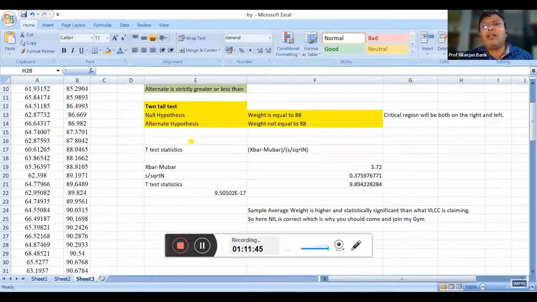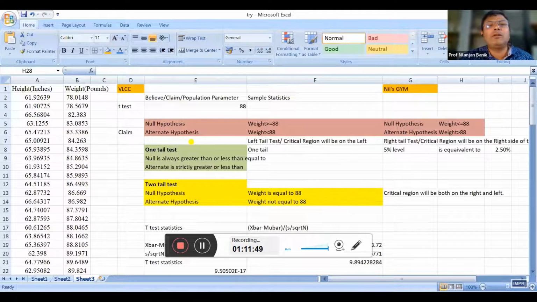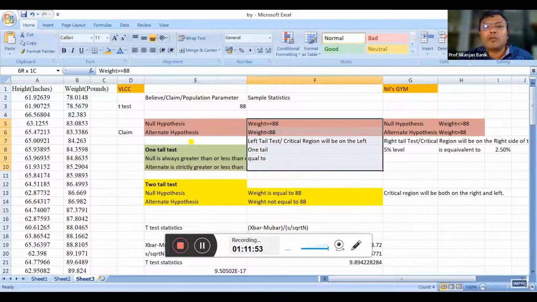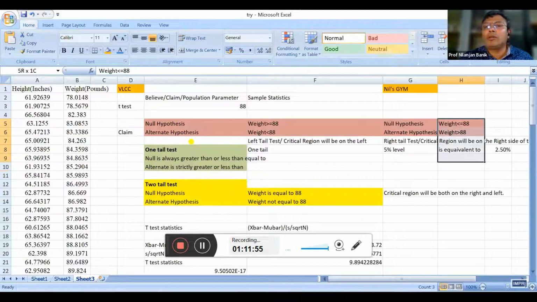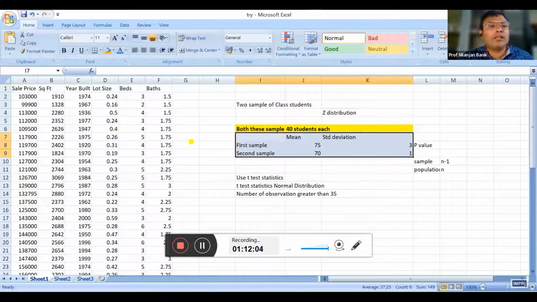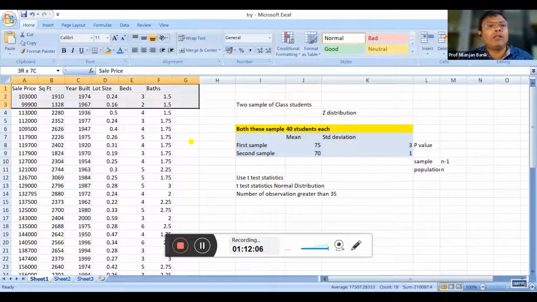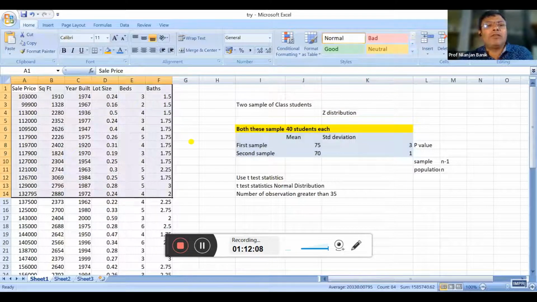So this is quite fun, because once you have the data, once you have understood the one-tail test and two-tail test, you can actually do a lot of things without going into much more sophistication. Because in the next class, I'm actually going to run the multiple regression. This is even more interesting.